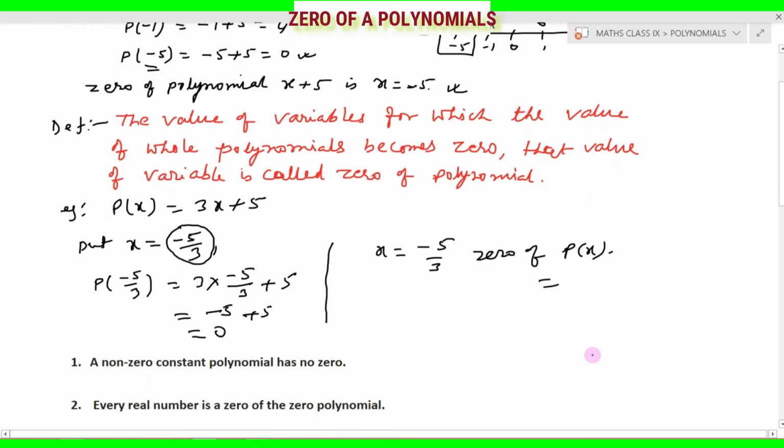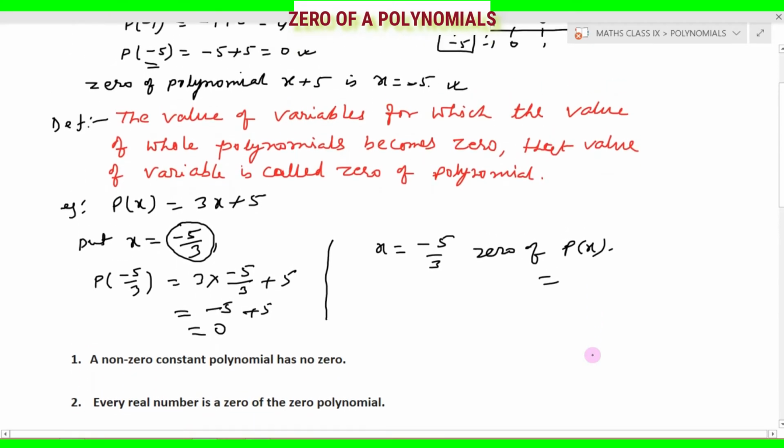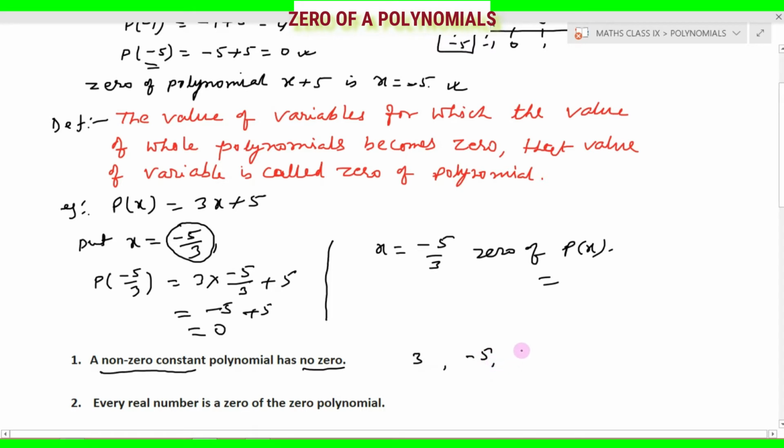Now, a little bit about this. A non-zero constant polynomial has no zero. Non-zero constant polynomials are like 3, minus 5, 7. All these are called constant polynomials, and these are non-zero constant polynomials.